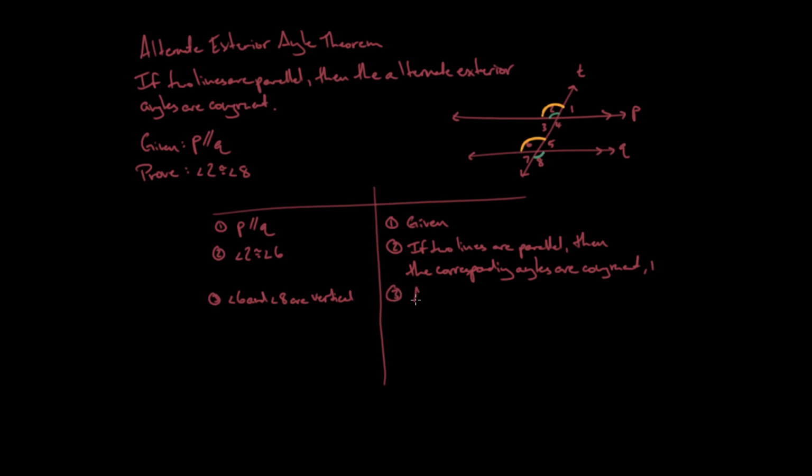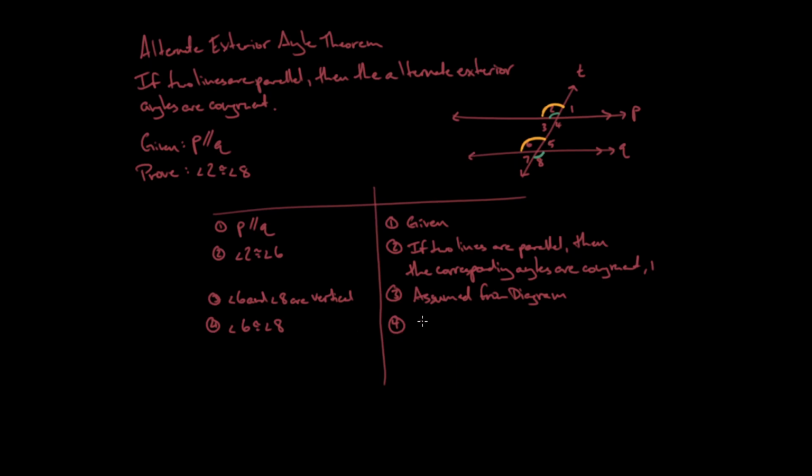The reason for it is just assumed from the diagram. And then I can say that they are congruent to each other, because they're vertical angles. So angle 6 is congruent to angle 8. You can see this is a very common pattern. We've used this now a couple times in this proof and in other proofs, that I will always state that the angles are vertical, and then I can say they're congruent afterwards.